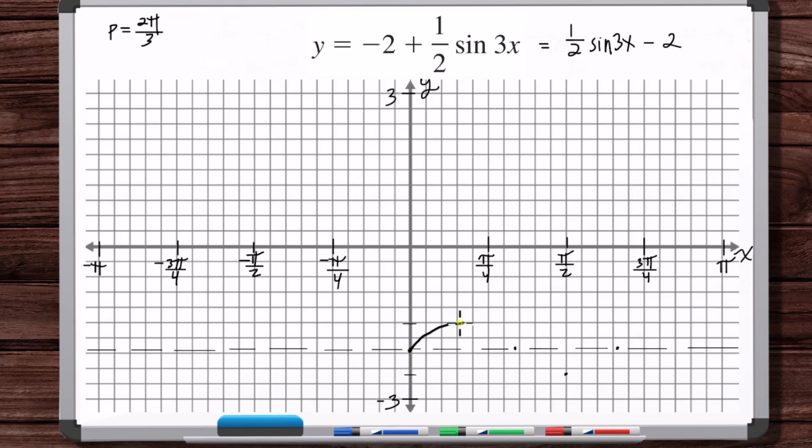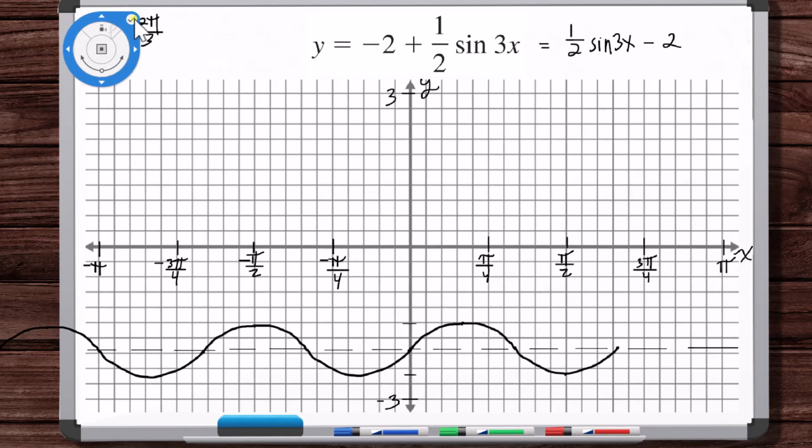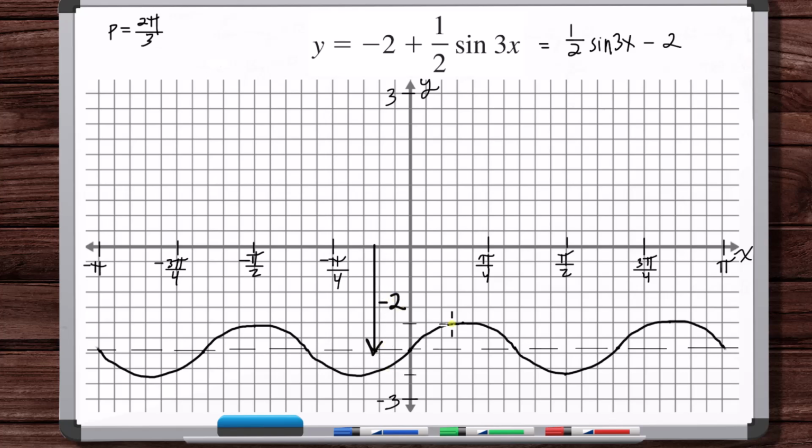So we've got, let's draw this. And there we go. With this average value that the sine curve is oscillating about shifted down 2.